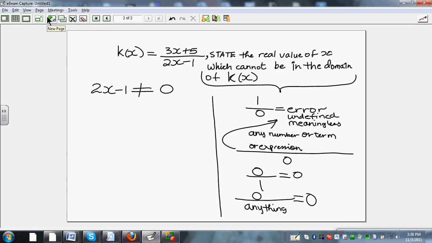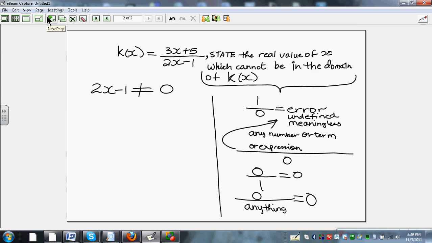And we learned that something divided by 0 is an error, is undefined, is meaningless. Not so? That's what we just learned. So when this is 0, this statement is undefined. It's an error, it's meaningless. So what we are saying is 2x minus 1 could not be equal to 0, because if it is, everything becomes meaningless.